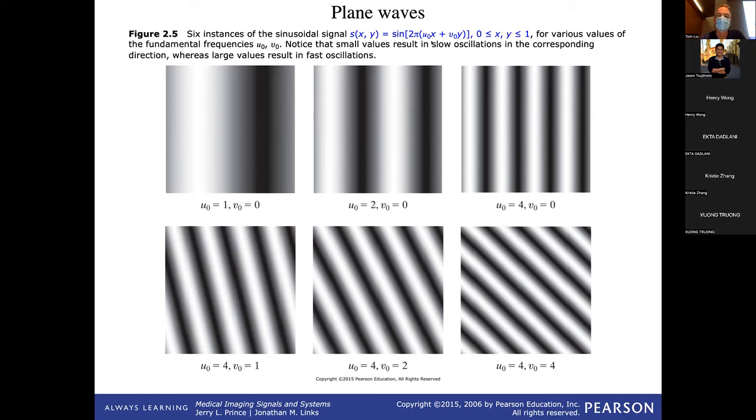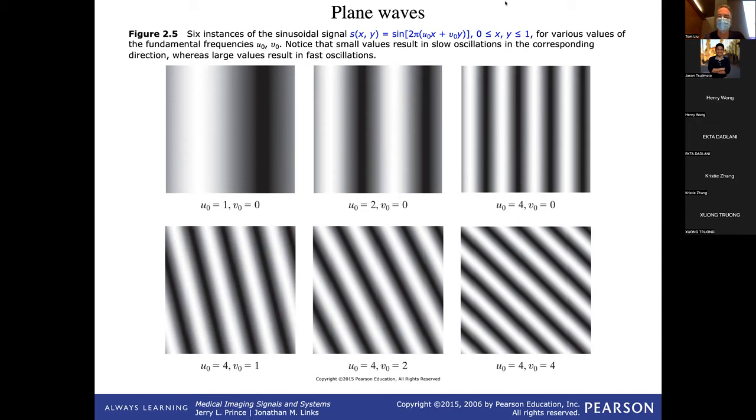Okay. So as these numbers cycle through and get bigger, we're going to oscillate with a sine wave with particular frequencies. So these numbers, mu naught and nu naught, are the spatial frequencies for this plane wave, right?